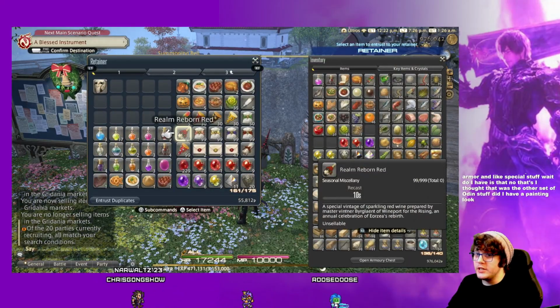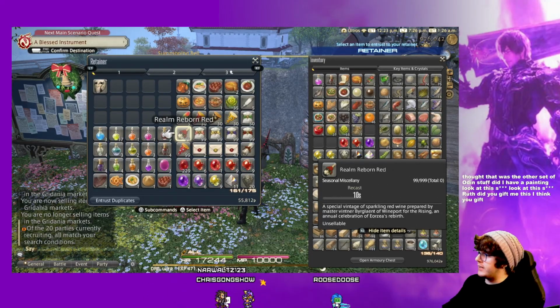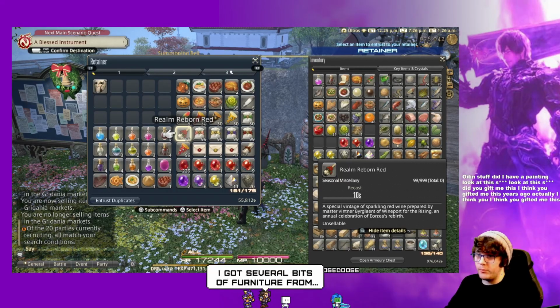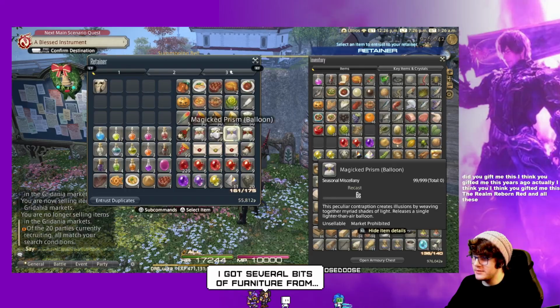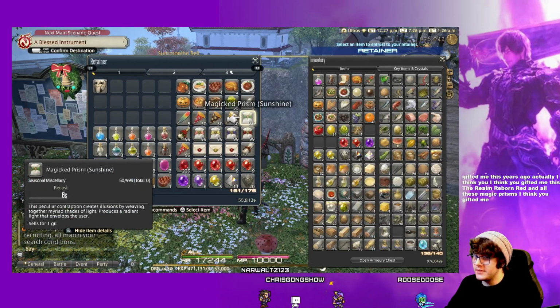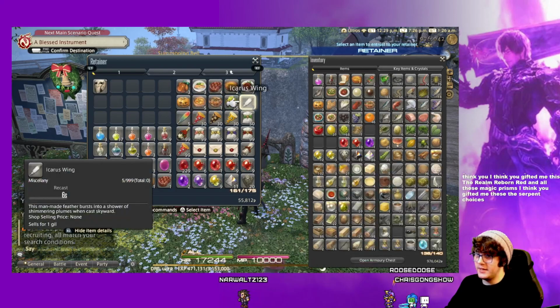Look at this! Roos, did you gift me this? I think you gifted me this years ago, actually. The Realm Reborn Red and all these magic prisms. I think you gifted me these. These serpent tracers? Regain feathers?